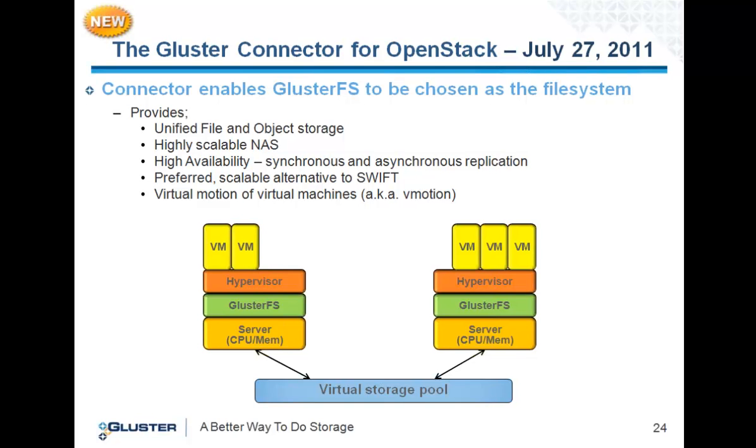Also, what we introduced with respect to OpenStack is the ability to move virtual machines from one physical compute server to another physical compute server within OpenStack. Now, there have been other attempts to do this by a couple of other open source companies. However, it's not quite the same as what GlusterFS does.